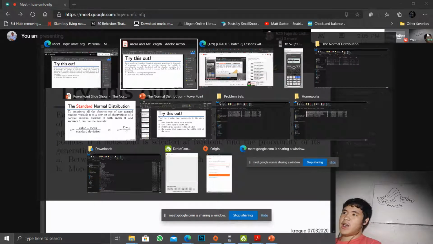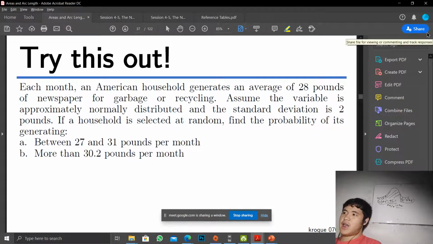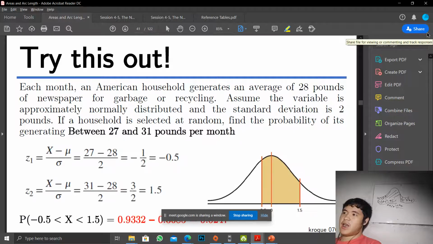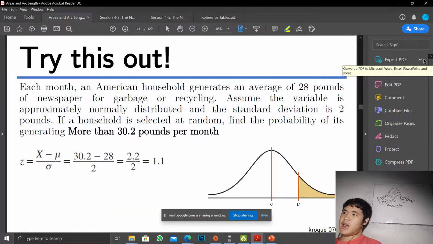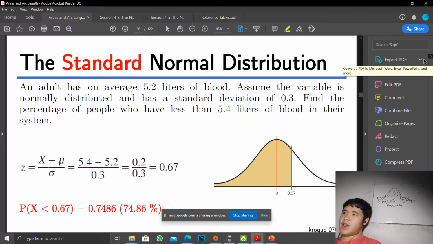Let's see. 0.6247. 0.135. Yes. Sige, 1 minute. Pag tama, i-heart reacts ko.